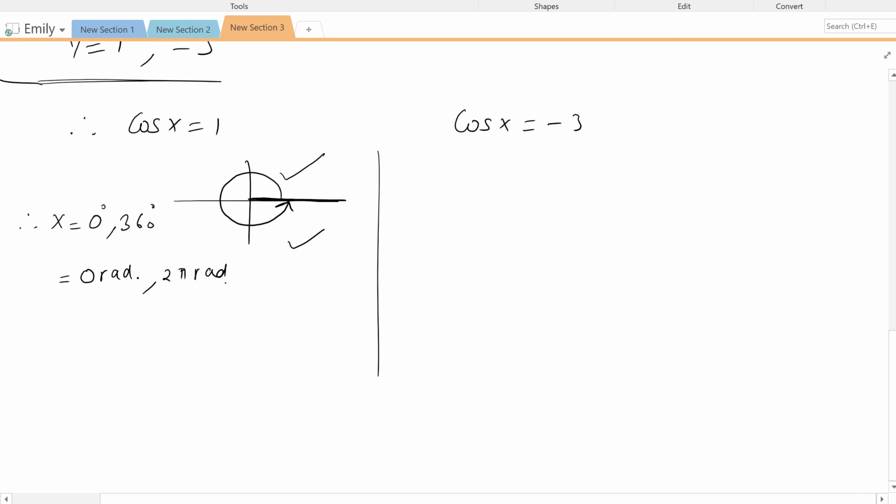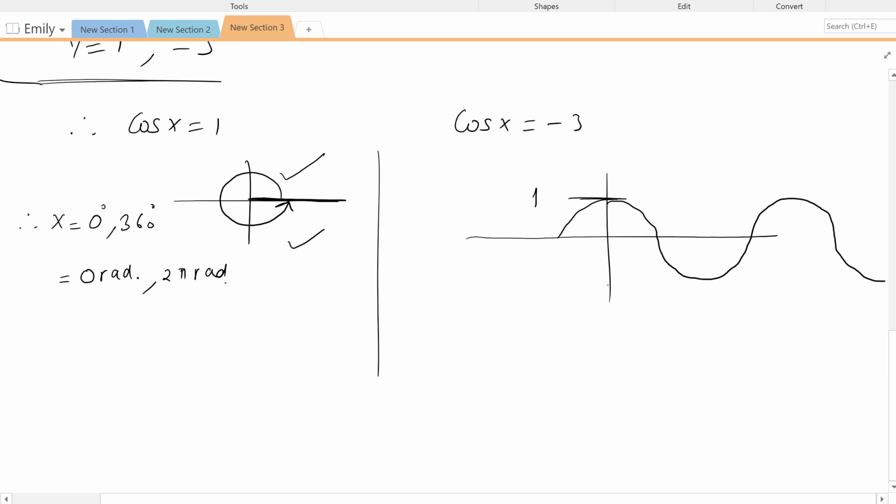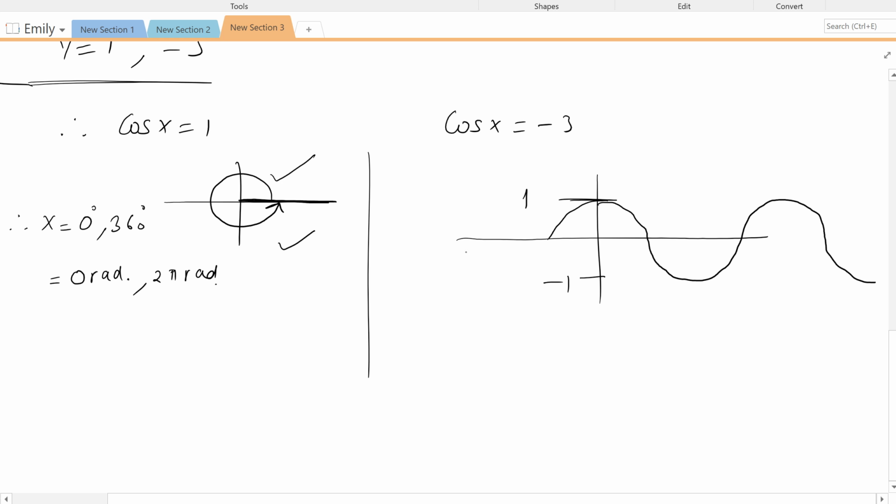Now, in here, cosine is negative 3. You already know that cosine starts from 1 and goes down to negative 1, and it just keeps moving like a snake. That snake stays within that limit, 1 and minus 1. It never gets any value bigger or smaller than negative 1 and 1. These are the bounds.